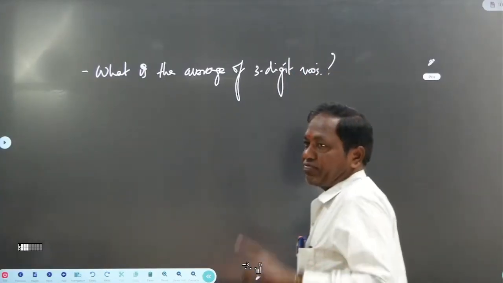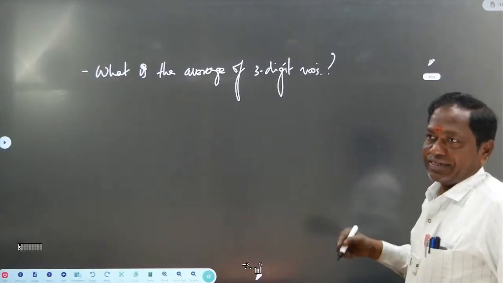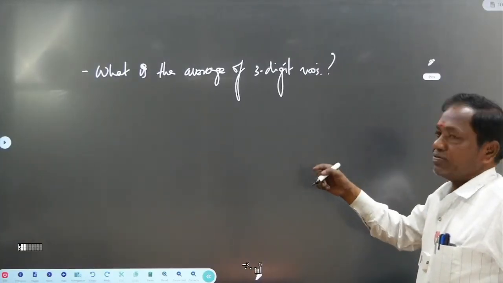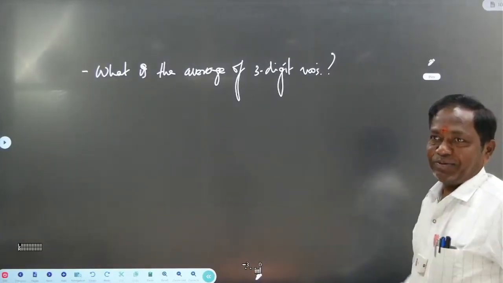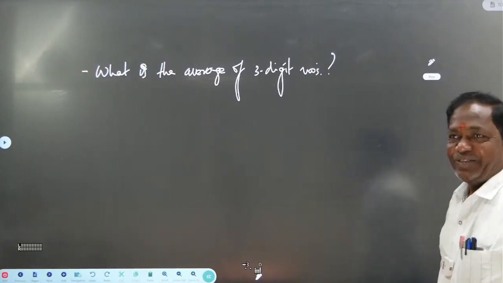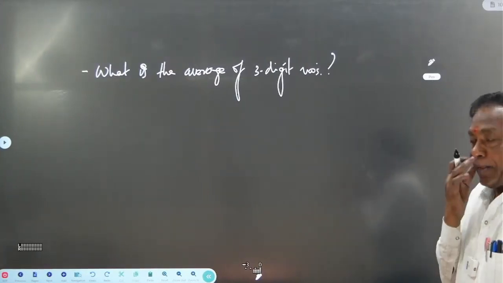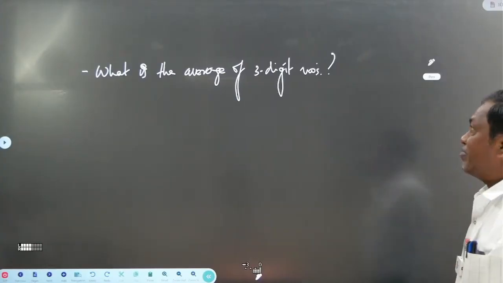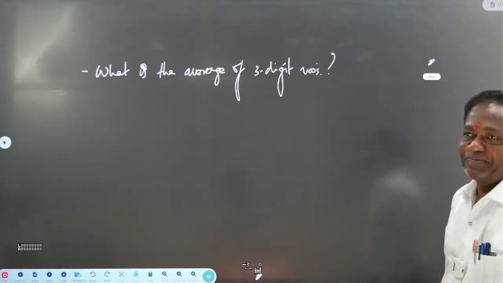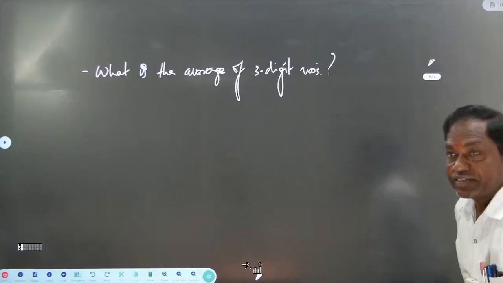See, whatever questions we see, these are CSAT patterns now. So far, very basic. What is the average of 3-digit numbers?